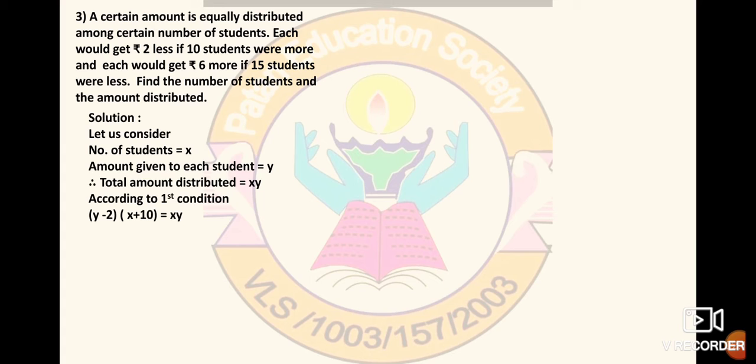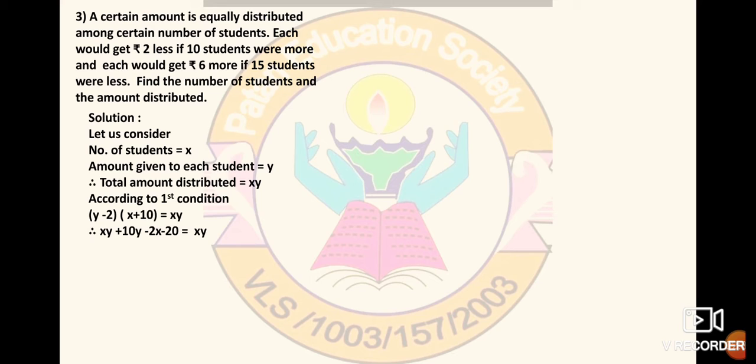Now solve the brackets with the help of multiplication. y into x becomes xy, y into 10 becomes 10y. Then minus 2 into x is minus 2x, minus 2 into 10 is minus 20, equal to xy, which will remain as it is.